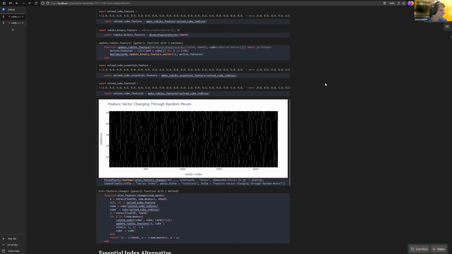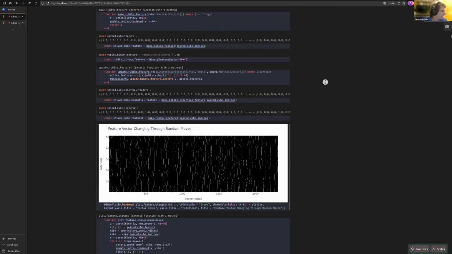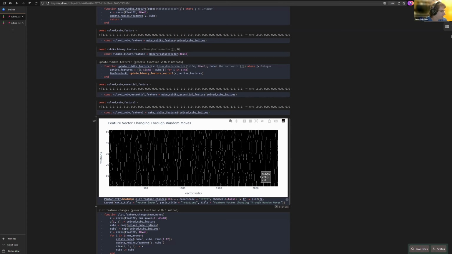And that's what's being shown here, where if we start with a solved cube at the bottom here, and the vertical axis is the rotations, and these are just random rotations, the black values are just 0, white is 1. And this is just visually showing how the feature vector gets transformed as we go through these rotations of the problem. But we end up just moving around where these indices are 1.